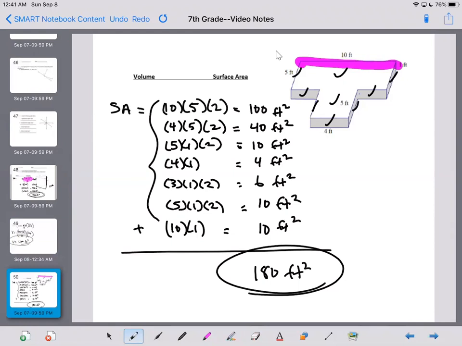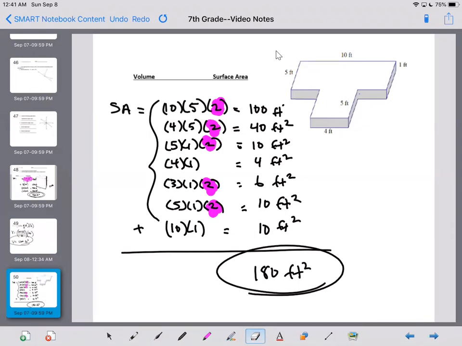I labeled them by the length and the width, and then there might be 2 of them. So I designated that there would be 2 of those. And so I've got 2, 4, 6, 8, 10, 11. There's 12 sides. And that should add up to be 12. So there's 12 of those different pieces. So that's the surface area.